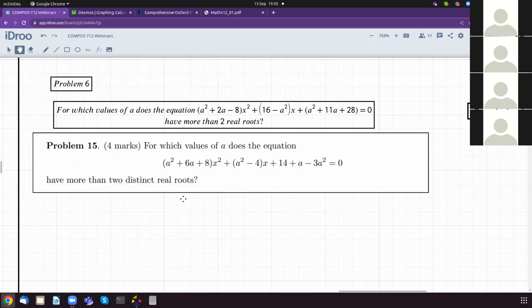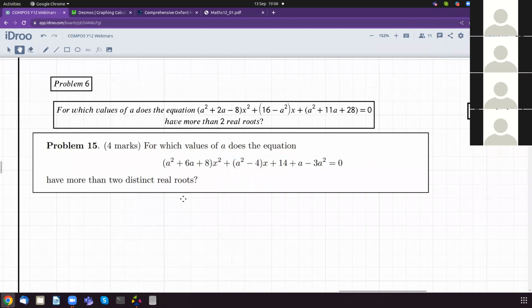But what do you know about quadratic equations? So how many solutions do they have? Jed? Well, if it's a quadratic, you can have 2 real roots, 1 real root, or no real roots. So more than 2 is not an option for a quadratic equation.